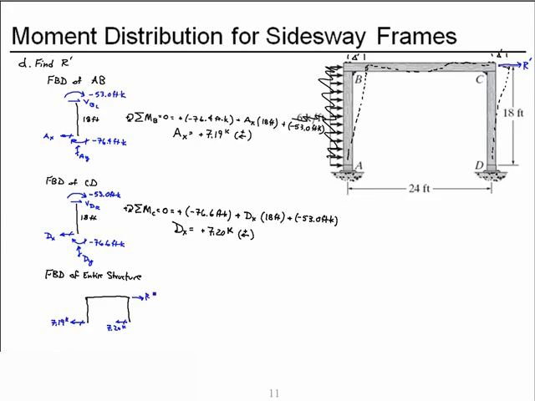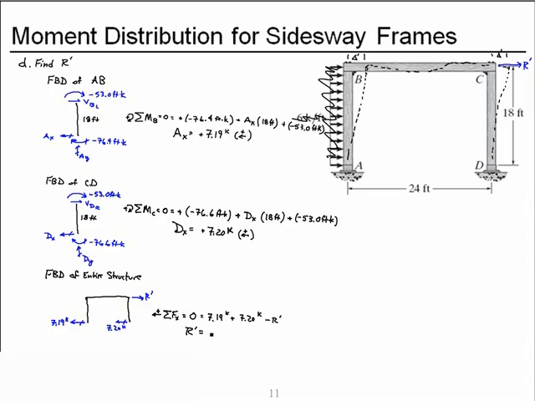We're looking for R prime, so when I sum forces in the horizontal direction, I will choose left to be positive, since that's the direction of my reactions. Contribution from A, contribution from D, minus R prime.